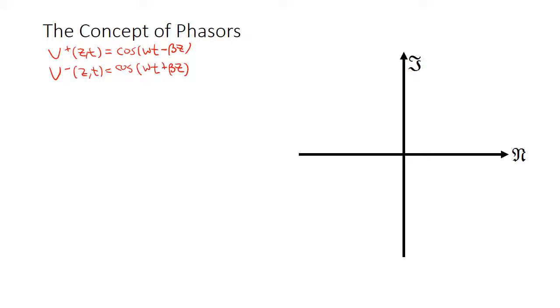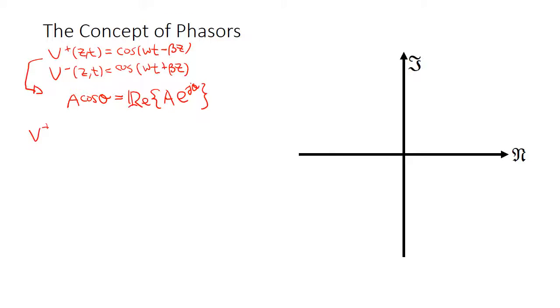Now, based on our earlier relationship, if we have something of the form a cosine theta, we got that by taking the real part of a e to the j theta. So we can rewrite the voltage into its complex form.